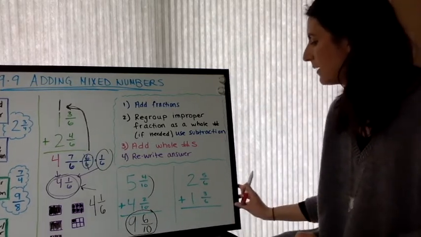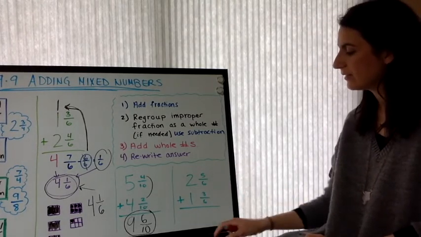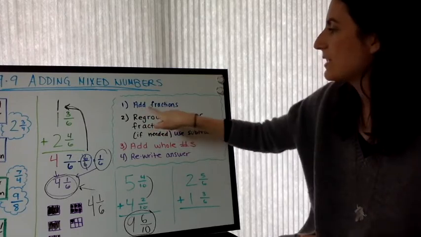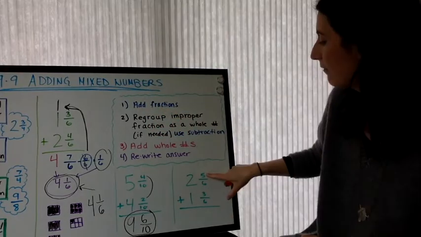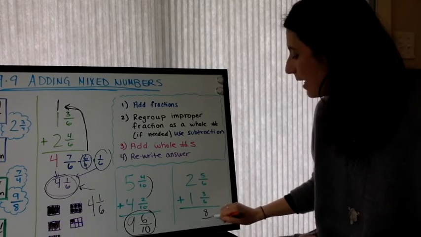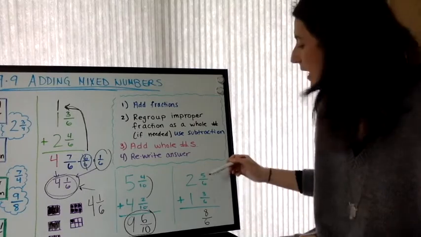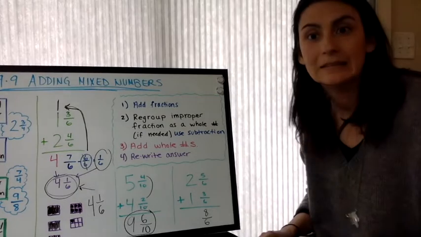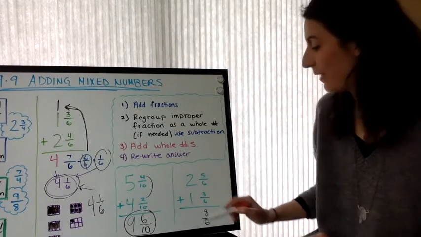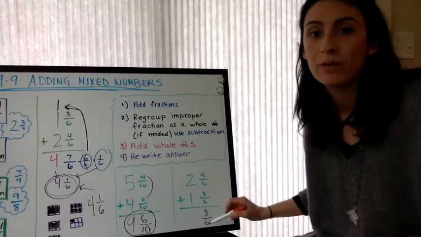All right, and here is my last one. 2 5/6 plus 1 3/6. My first step is add fractions. 5 plus 3 is 8, and my denominator stays the same, so that 6 comes down. Now I have 8/6. So I know that if my numerator is greater than my denominator, then that's more than one whole.